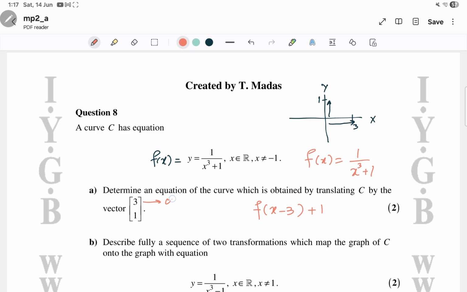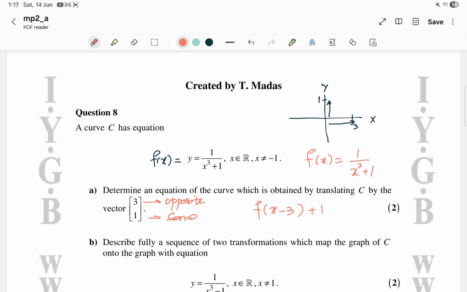We always do the opposite with the x coordinate and the same operation with the y coordinate.